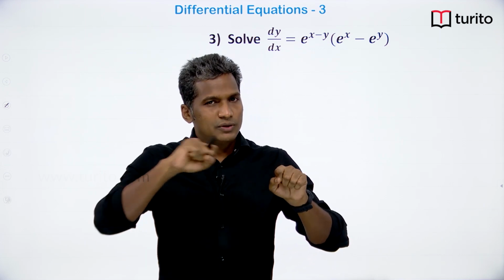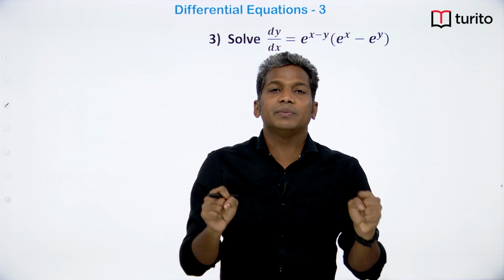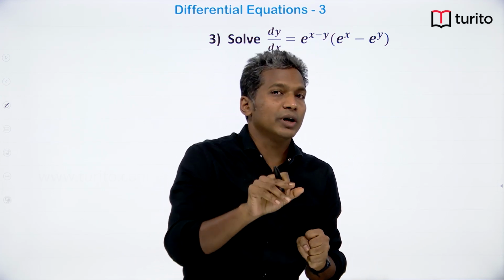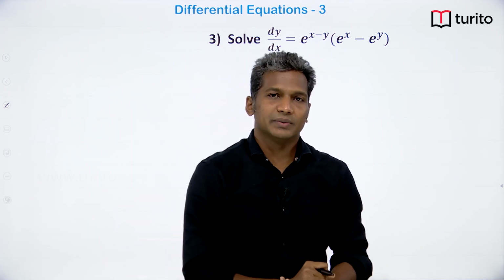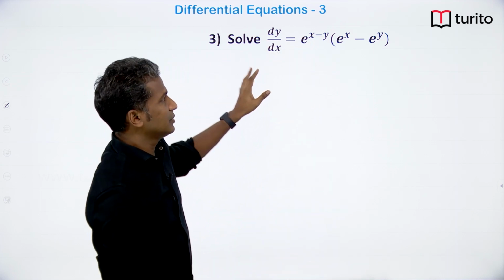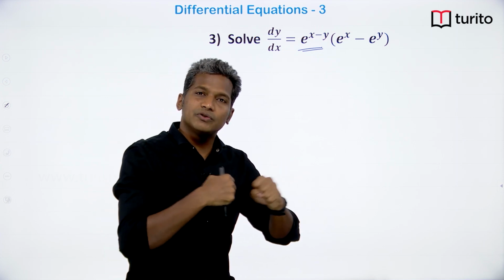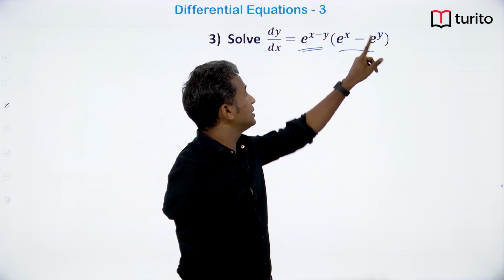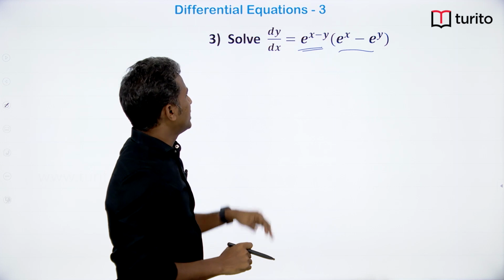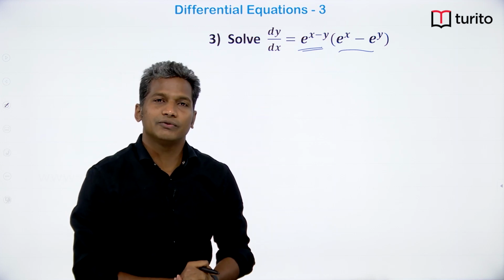Remember, all terms of x, all terms of y must be separated in terms of the product to apply the variable separable method. So here it is not possible, even though you could separate x and y from this in terms of product, you cannot separate from the next term. So there must be something here that we may have to do.